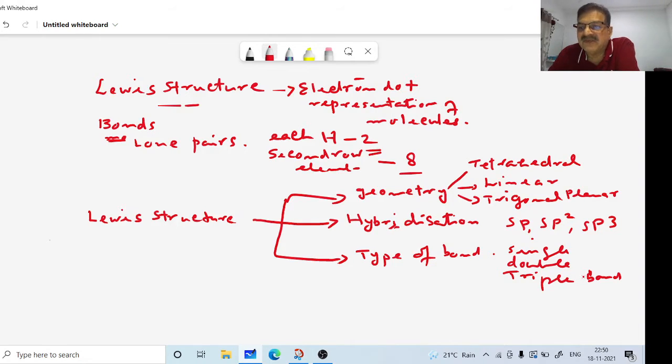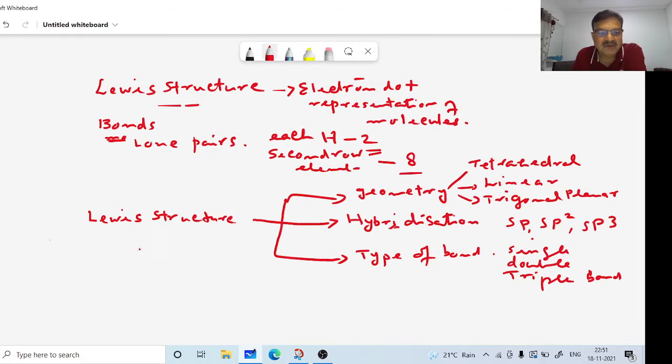Then your structure is ready. So this is the way we should draw the Lewis structure.